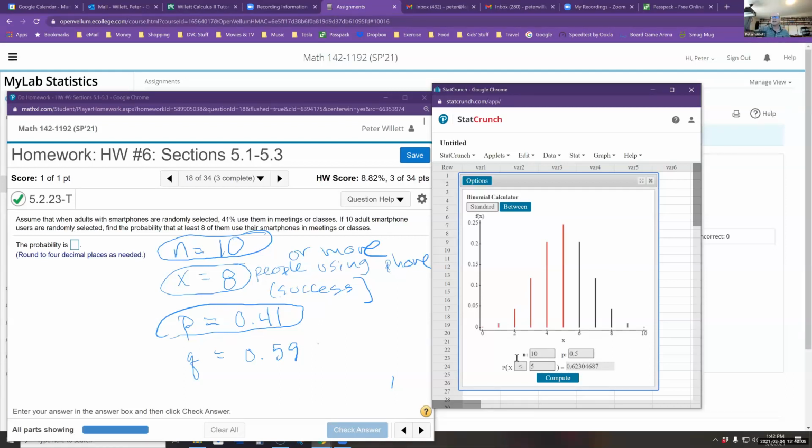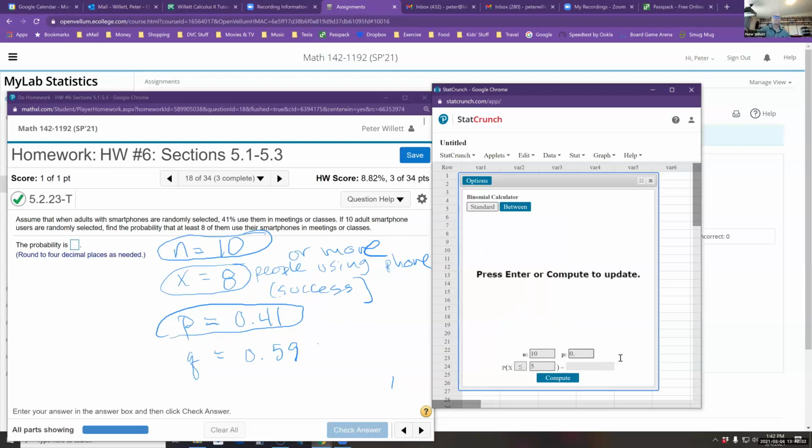So that's why we need to know what n is and what p is and what x is describing. All right, so in this situation, they have it as a default where n is 10 and p is 50%. What is n in our problem here? 10. And what is the probability of a success, the p-value? 0.41.